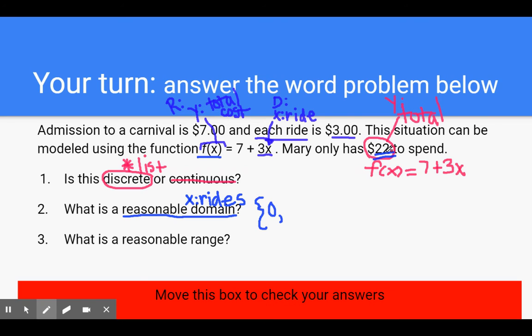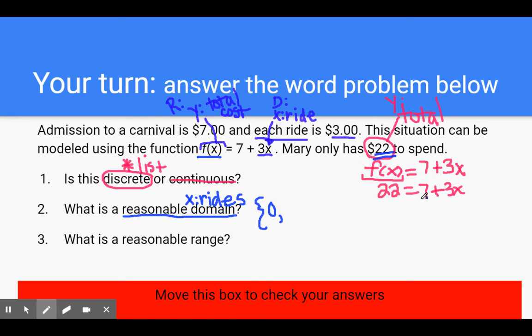What do I need to plug in? They give me the total amount of money I can spend, and that's going to be your f of x. So if I plug in 22 for f of x, because that's my total cost, and I work backwards to figure out how many rides I can ride, that's going to give me my boundary for my x's.